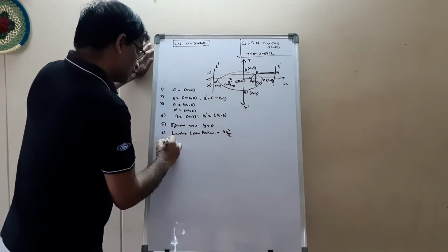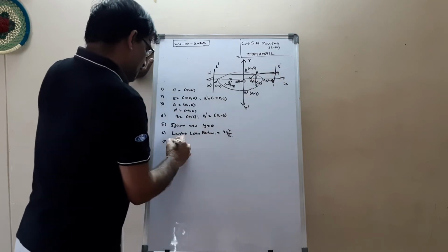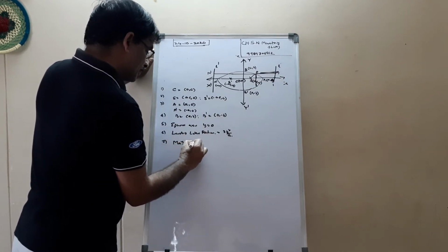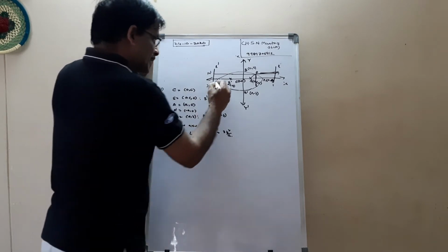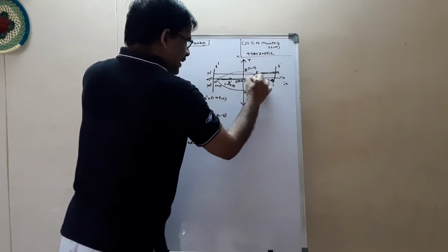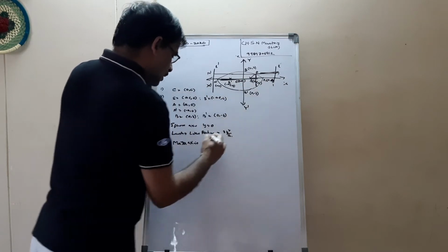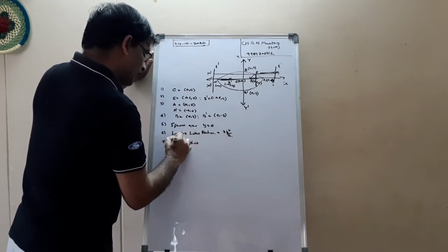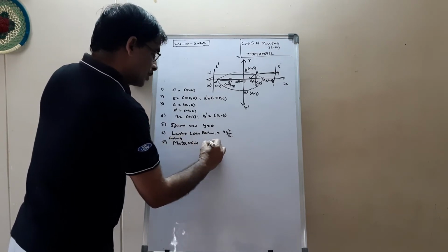Next, major axis. What is the major axis in this problem? This is the major axis, so the length of the major axis is equal to 2a.